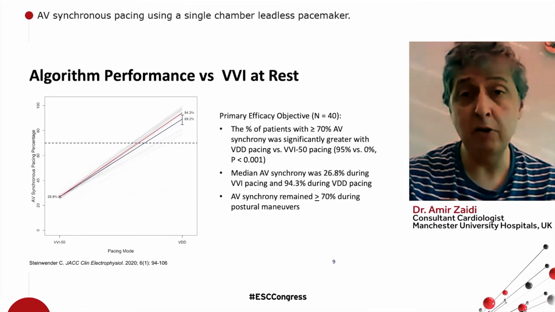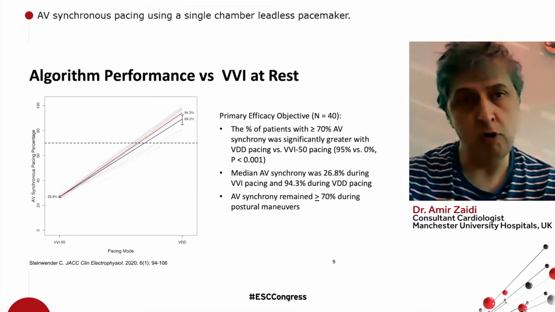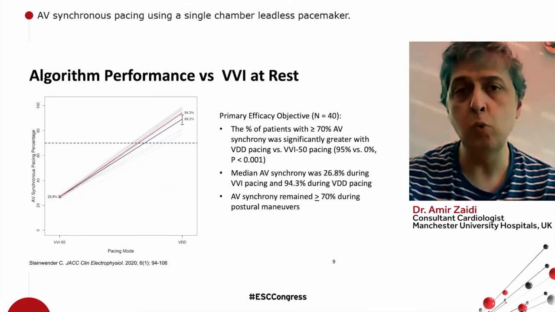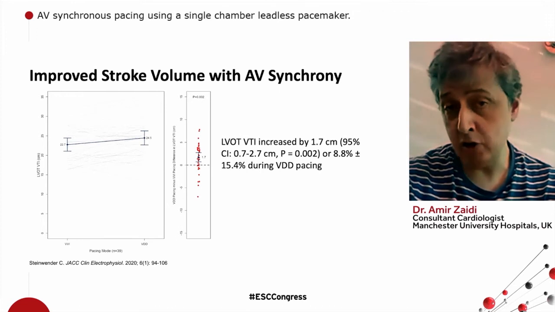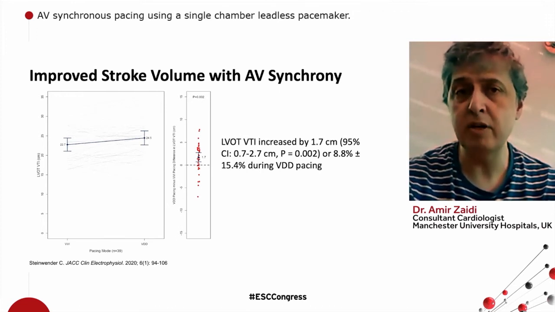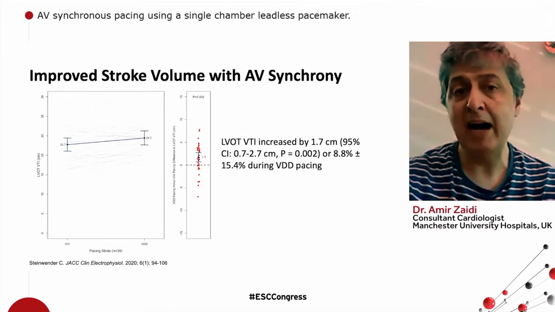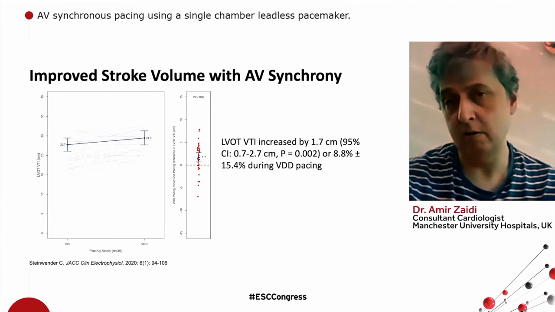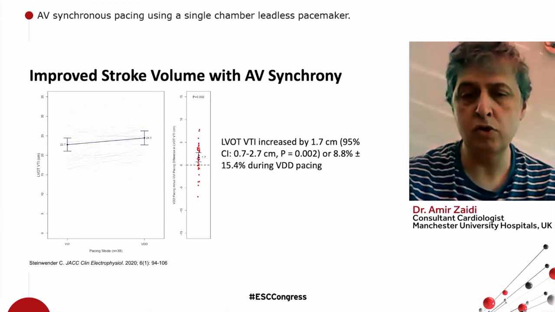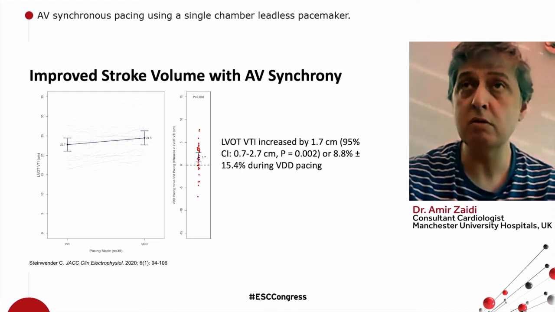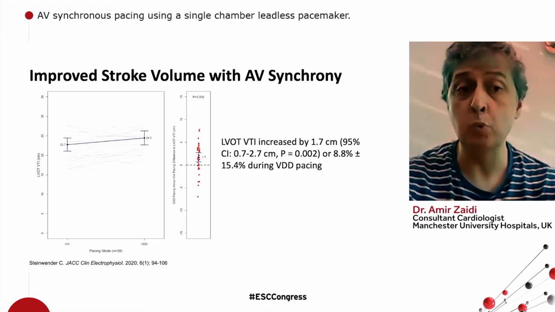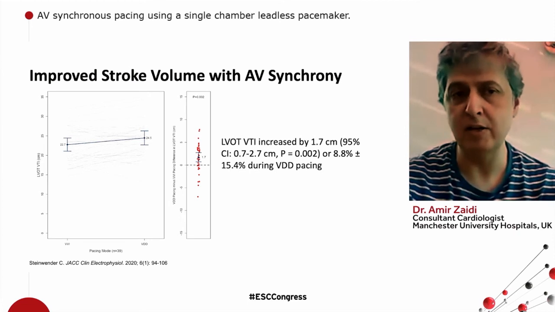Again, the Marvel algorithm worked well, rather better than in the Marvel 1 study, AV synchrony up to 95%. And as you might expect, AV synchrony improved stroke volume and decreased sinus rate. So it's showing the correct and important physiological parameters that we want with providing AV synchrony.